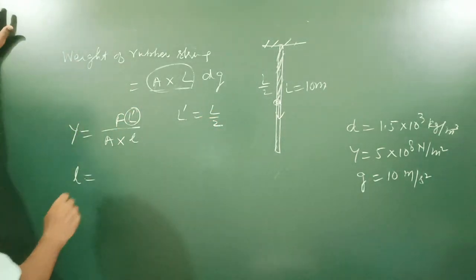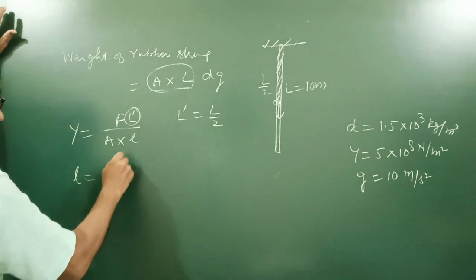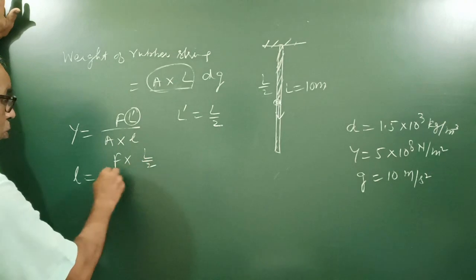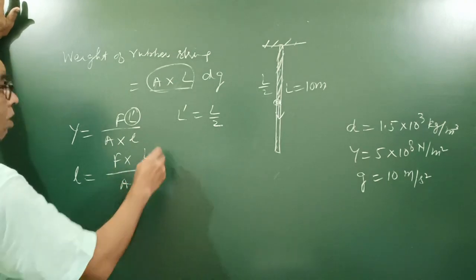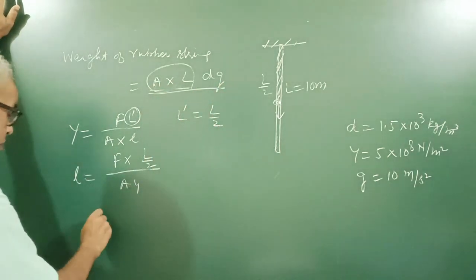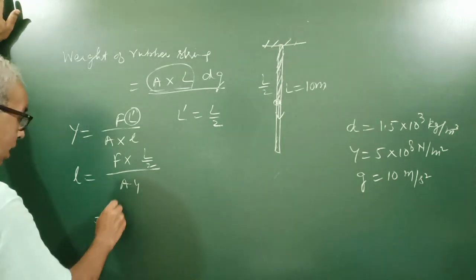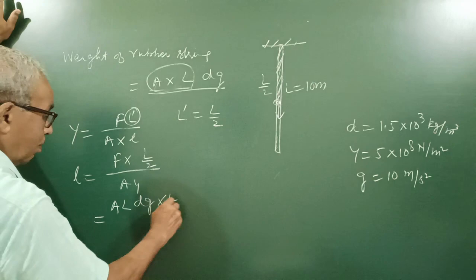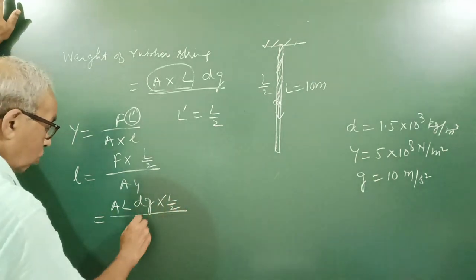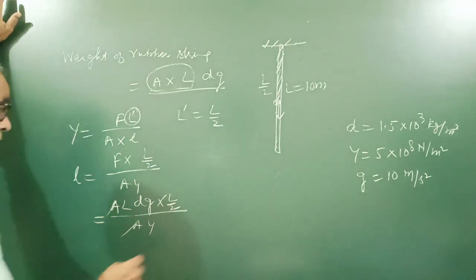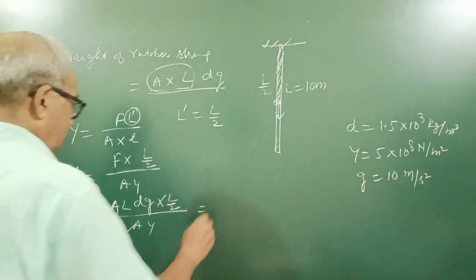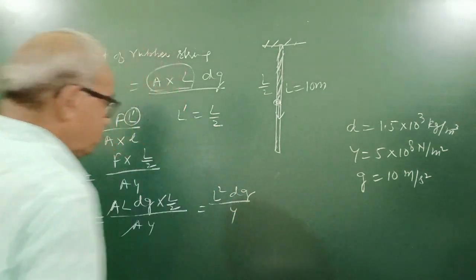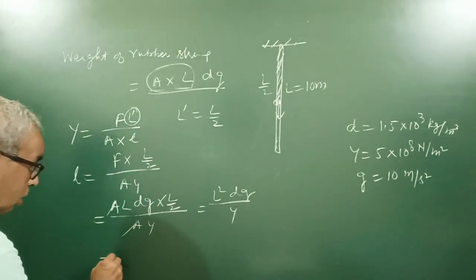So l is equal to F into L by 2 upon A into Y. Or F is this, so it is A L D g into L by 2 upon A Y. A cancels. So it comes out to be L square D g upon Y.